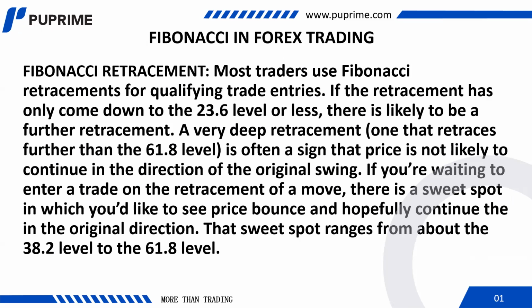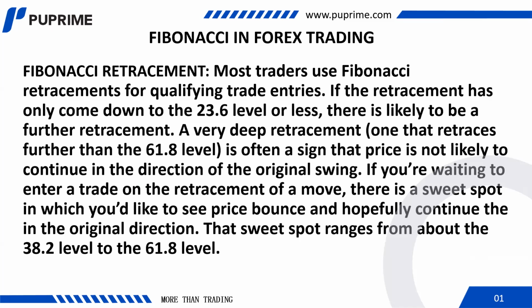Now, Fibonacci retracement: most traders use it for qualifying trade entries. If the retracement has only come down to 23.6 or less, there's likely to be a further retracement, meaning price still needs to pull back beyond the 23.6 level.